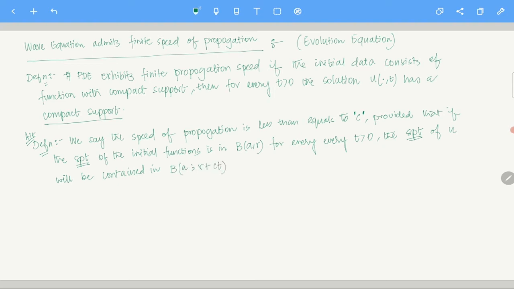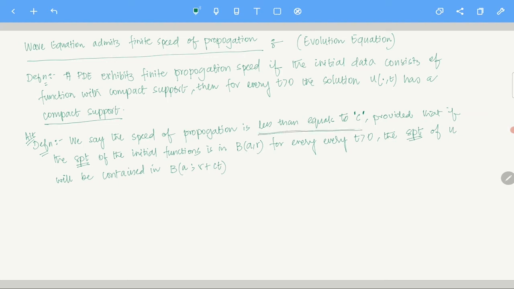Clear? So basically what we are saying is this. What is speed of propagation? When we say something has a finite speed of propagation, less than or equal to c, some finite number, I want to make it more quantitative, that is why I am writing it like this.